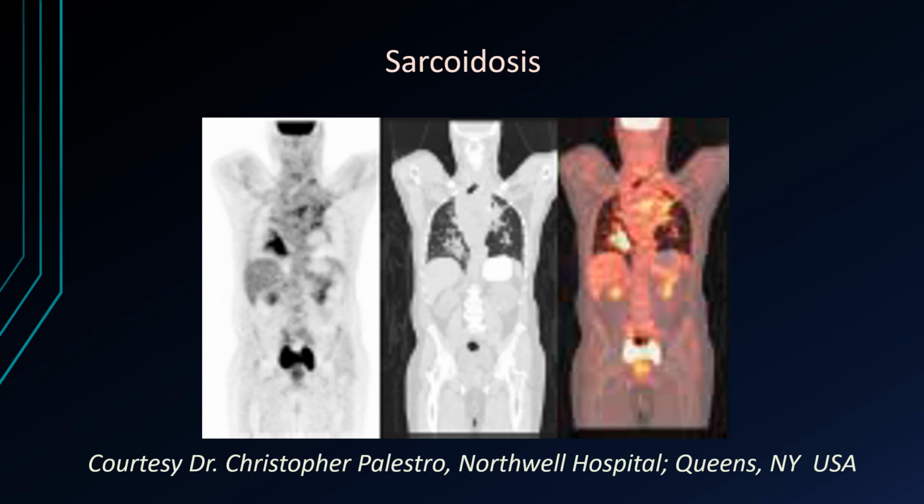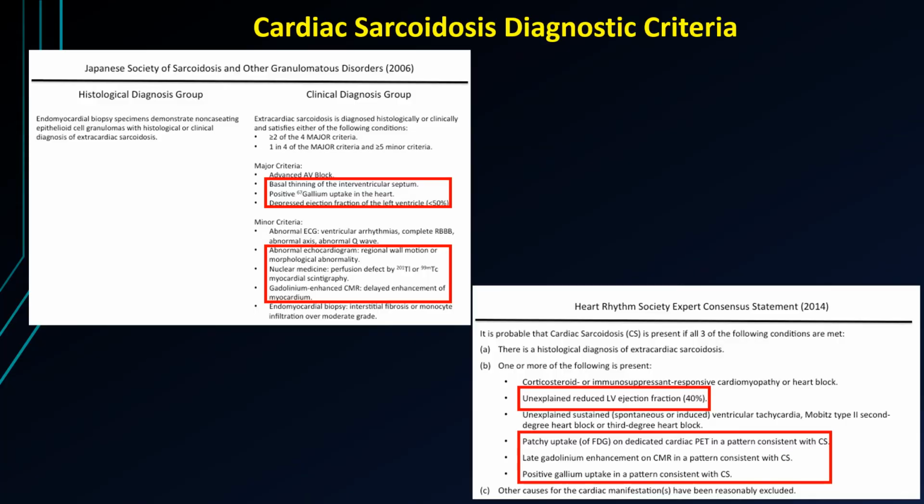But one of the very tricky areas of sarcoidosis is actually making a diagnosis of cardiac sarcoidosis. There are various societies that have developed guidelines on how to make that diagnosis. Cardiac sarcoidosis can be somewhat difficult, but nevertheless, there are criteria with regards to looking at echo findings and MRI findings, but also nuclear findings.